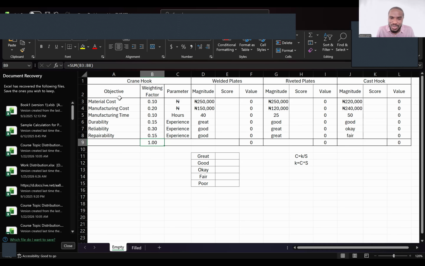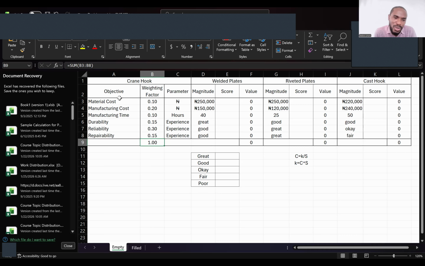You want to take 3 days to make it, no problem, so far as it's going to be reliable and the cost of actually making it is not high. So you see that there is a weighting factor. Please follow me very carefully. When we come to applying scores, this weighting factor will come into place.